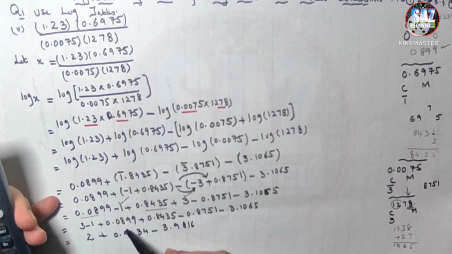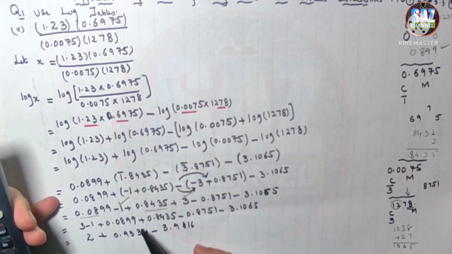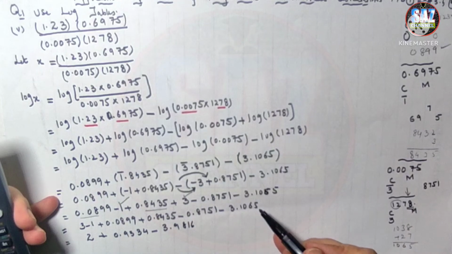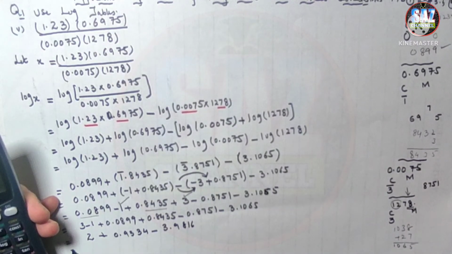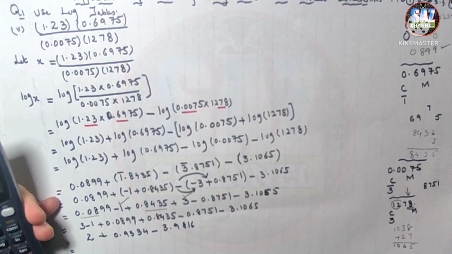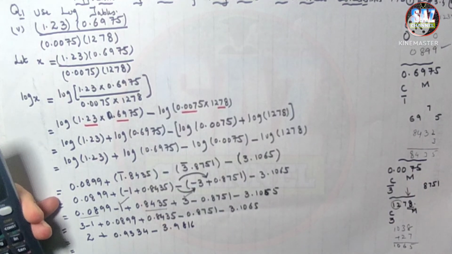Either you can solve these 3 decimal values and then you can go for that. It's up to you. And now what I can do is that 2 plus 0.9334.